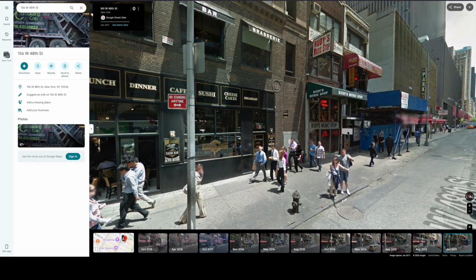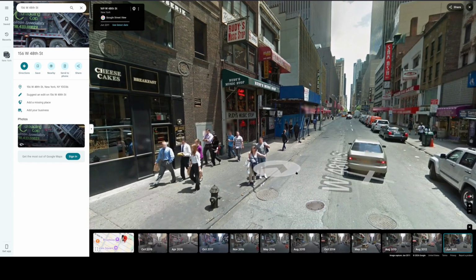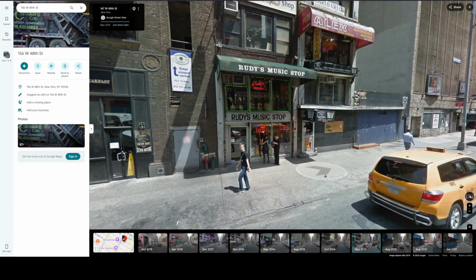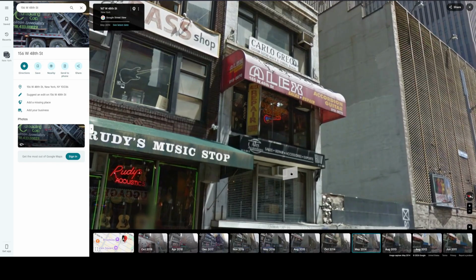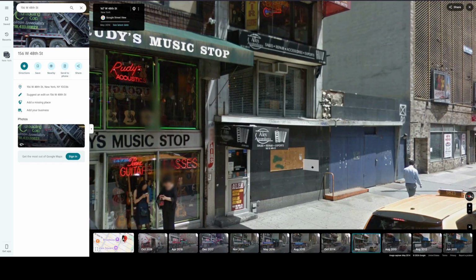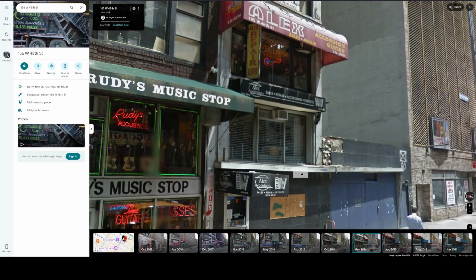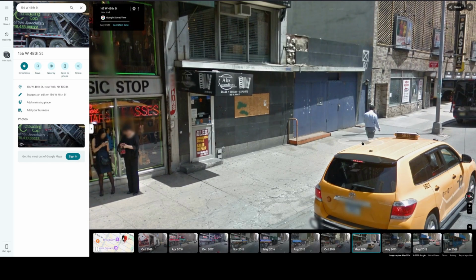Yeah, so Rudy's Music Stop is, I think, the pizzeria place. So that's whatever. It's just a loss. And then in 2011 that was another place to buy music. I had never gone in there because, to be honest, I don't think I knew about that place. It's called Accordions, but then it says guitar, but I had never visited that place.